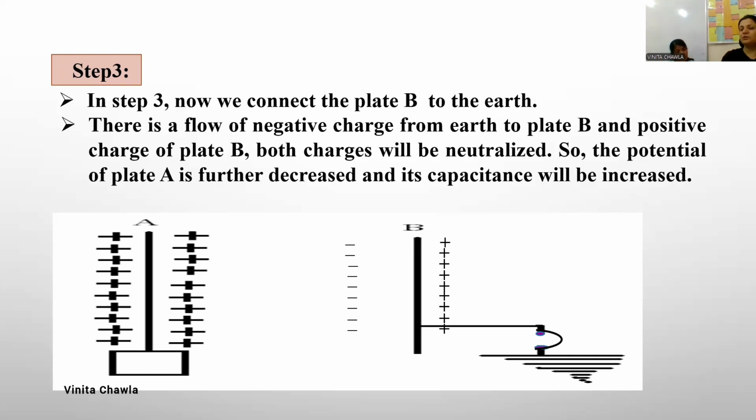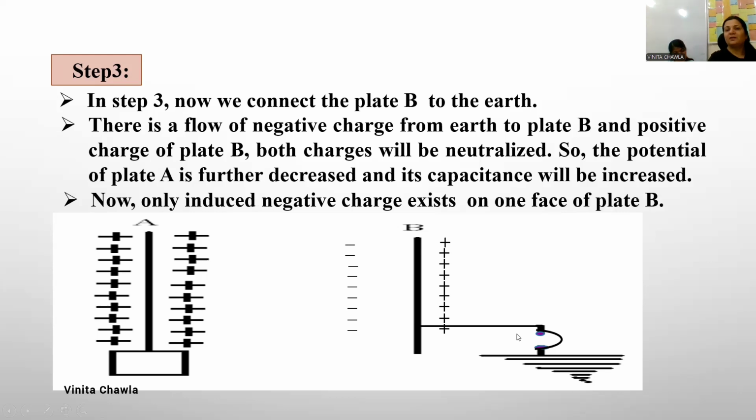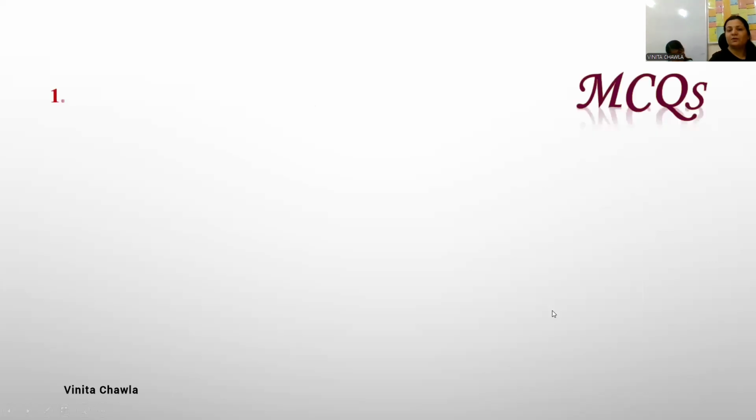In this particular situation, ground will act as a source of electrons. This ground will provide electrons to the positive side, and positive charges get neutralized because of those electrons. So now we have only the negative side of the plate. This positive side is grounded, so we have only the negative side of the plate.